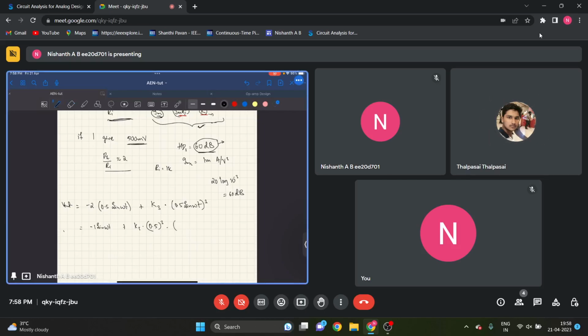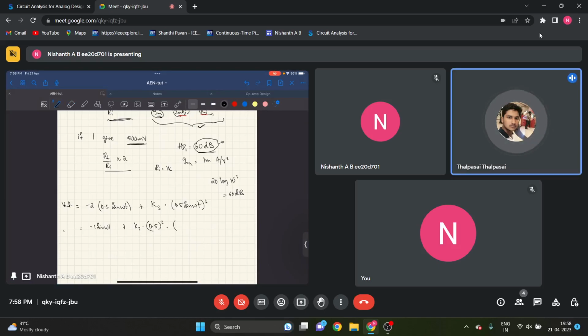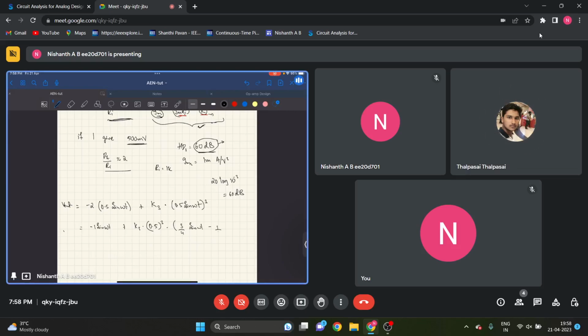3 by 4 sine omega t minus 1 by 4 sine 3 omega t, right? Yes, sir. Is this correct? Perfect. I will neglect the first term because it goes with the input, correct?